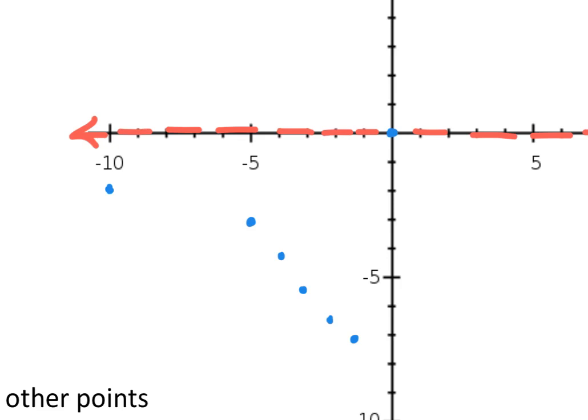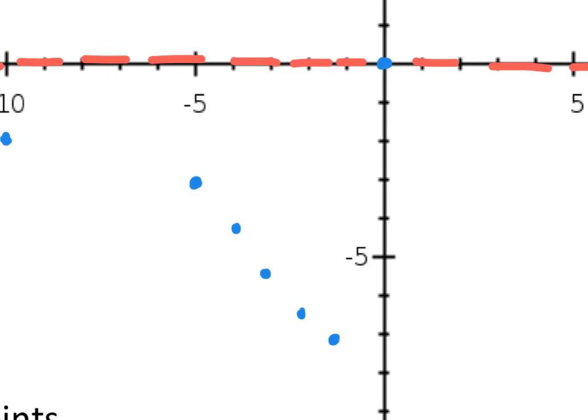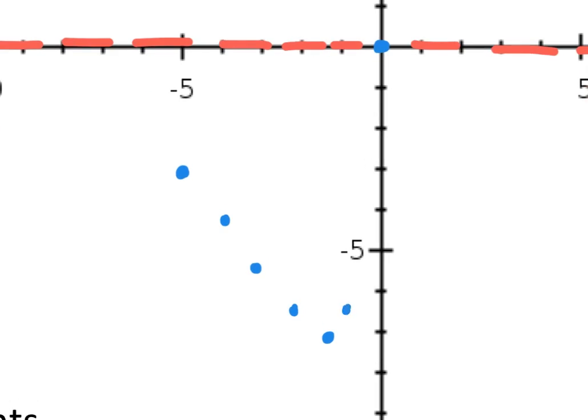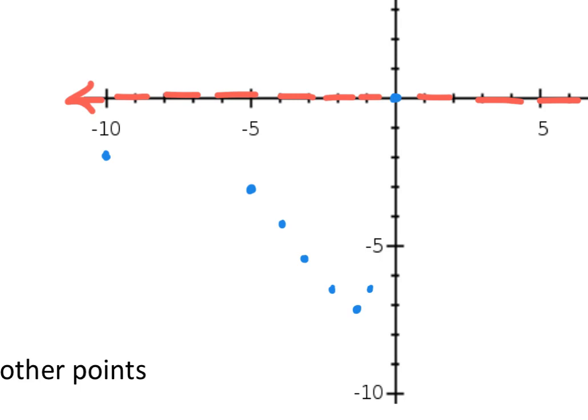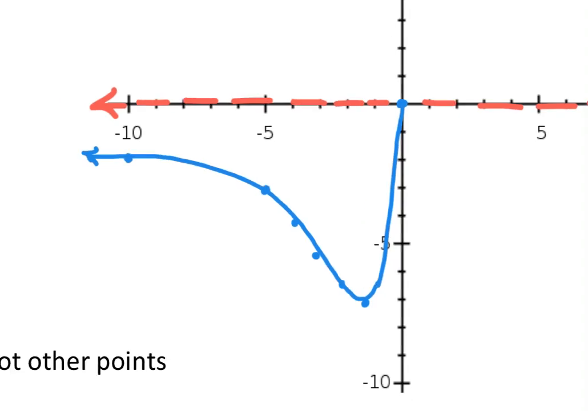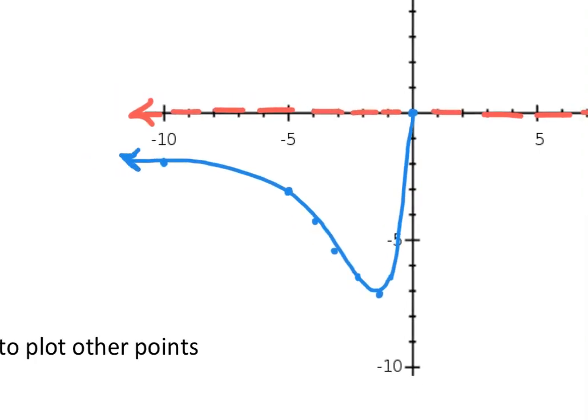And so it comes back to just about the same place there at negative 1, and then it goes to 0, 0. So the graph kind of on the left does this kind of thing, and keeps getting closer to the horizontal asymptote here on the left.